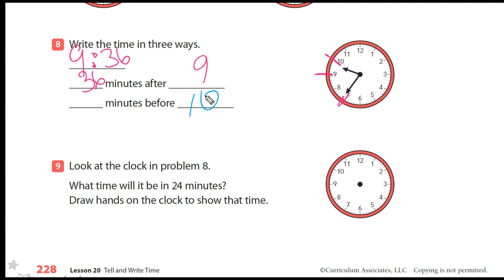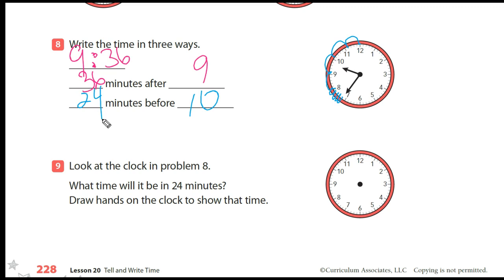So now I need to go backwards. Like this. 5, 10, 15, 20, 21, 22, 23, 24. 24 minutes before 10, but 36 minutes after 9.